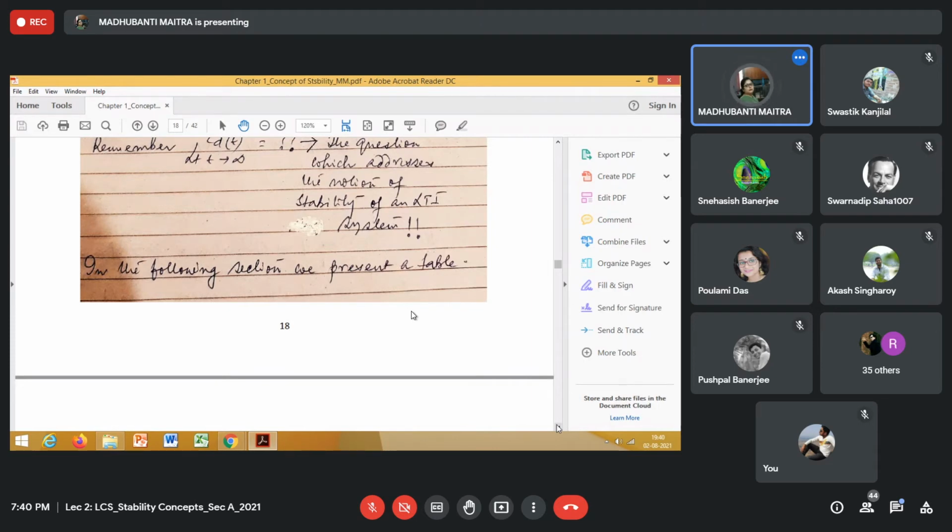Similarly, we can find out what is going to be the output response of the system because of the second root of the characteristic equation. Am I clear?